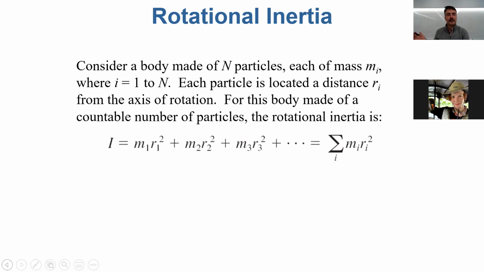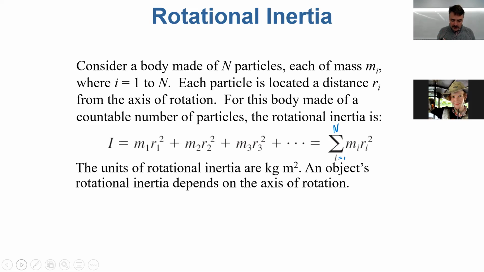So all the little particles, you take their mass times the square of their distance from the rotation axis and sum it all up. This is the sum from i equals 1 to capital N of all the m sub i's times the r sub i squareds. The units of rotational inertia are kilograms times meters squared. The meters squared is coming from that distance from the axis.